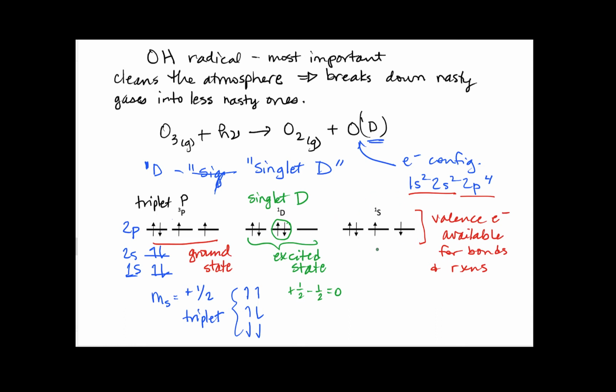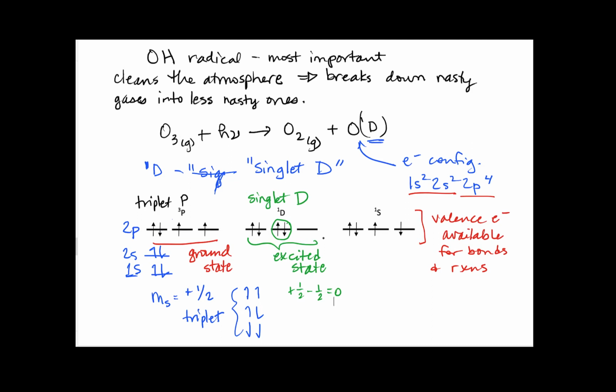So this is the same thing in our singlet S state here as this other excited state, because these two spins have to stay paired and they have to stay opposite. We only have that one option, so it's a singlet state as well. Anyhow, you don't have to know very much about these. When we say singlet D, I want you not to freak out, but to say, it's an excited state of oxygen. And that's about as far as I need it to go. But I wanted to explain it so that you wouldn't have to feel like you needed to look it up later.